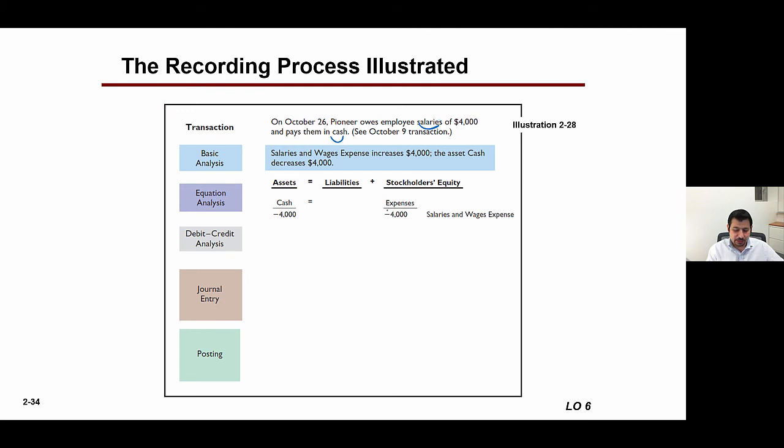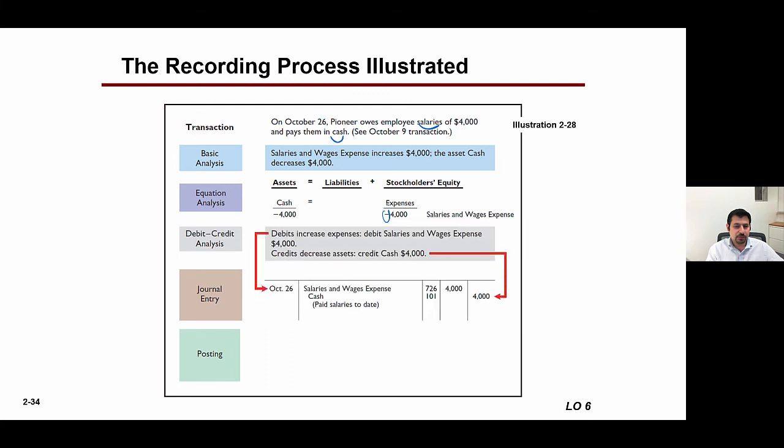Once again, the minus here is to indicate the negative effect on the stockholders' equity. So expenses have increased, and debits increase expenses. So we debit salaries and wages expense 4,000 and cash is credited 4,000.